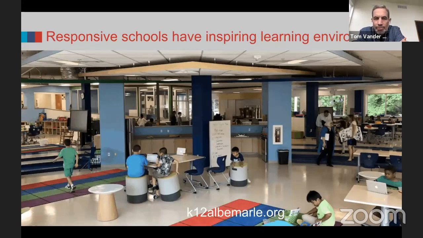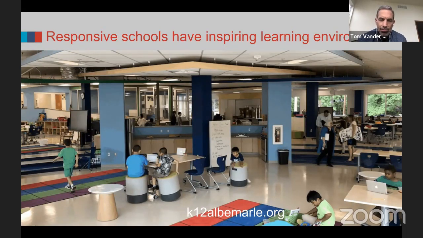And responsive schools have inspiring learning environments. This is one of my favorite examples in Albemarle County, that's Charlottesville, Virginia, where they've been building these beautiful new multi-age classrooms. There's about 6 classrooms here, but you can see they're broken up in different levels, and they vary in ceiling height, and so it can feel both cozy and expansive simultaneously.